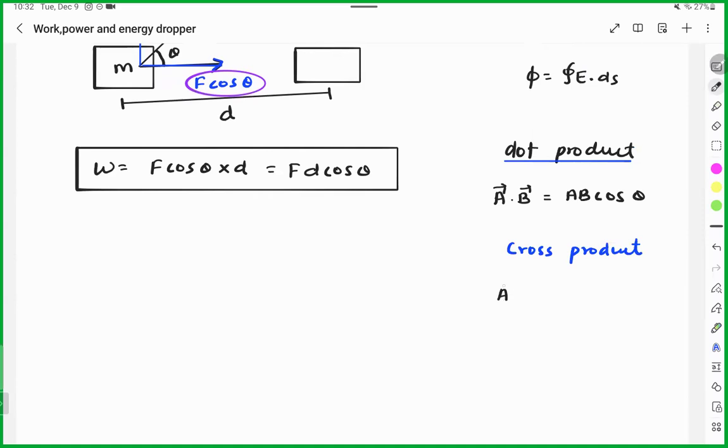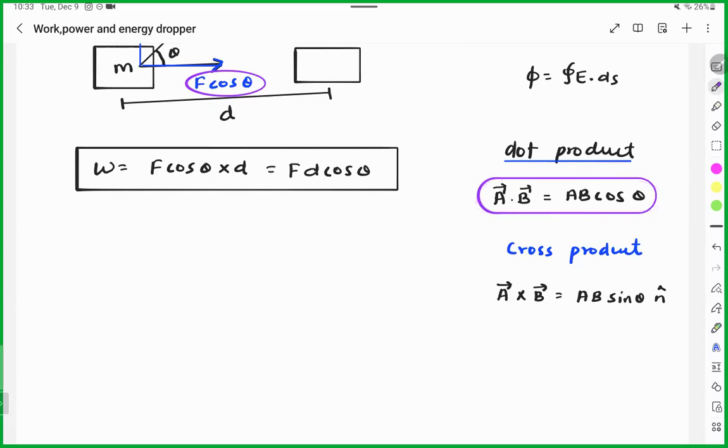If you take A cross B vector and if you calculate, it will be AB sin theta and unit vector. Why unit vector? Unit vector tells us about the direction. In case of dot product or scalar quantity, we don't have any direction, so we don't need to mention it specifically.